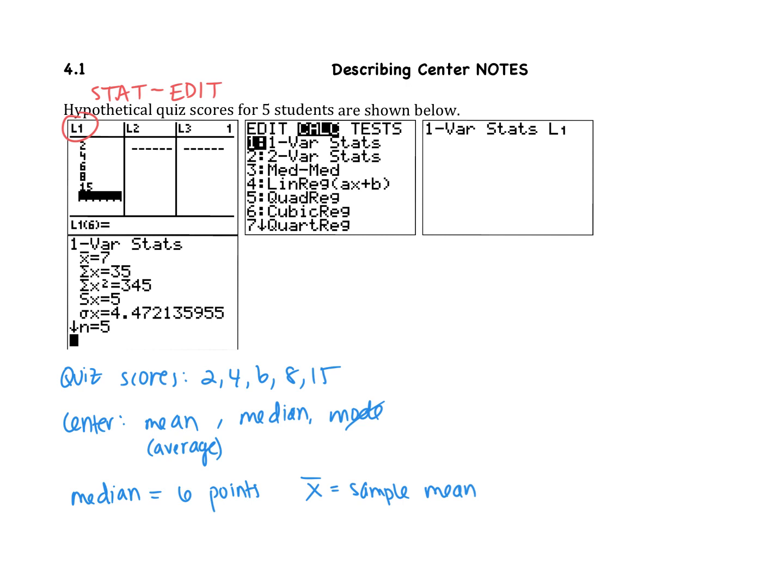Okay, what I want you to do is put these 5 numbers into that list 1. 2, 4, 6, 8, 15. And when you do that, you can quit out. So put those 5 numbers in and then quit out of the list.